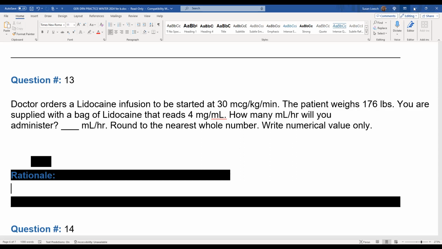Because I missed it. Okay, let's look at number 1. So it says how many mLs will you administer? Okay, we see that we have something on hand and we have an ordered dose. So that tells us that our calculation is going to be desired over have.